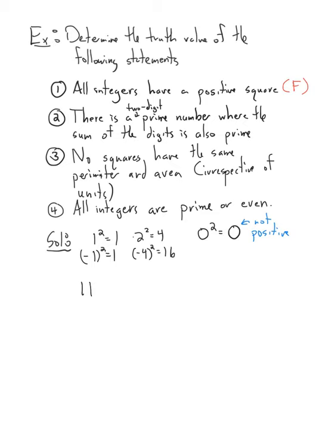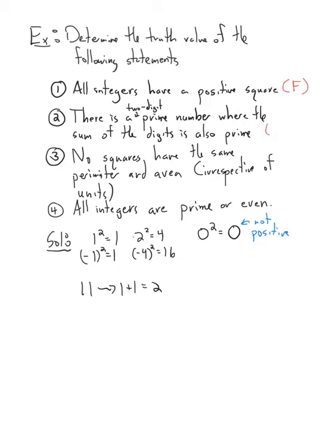The only factors of 11 are 1 and itself. And 1 plus 1 is 2. And 2 is, of course, a prime number. The factors of 2 are 2 and 1. That's it. There's exactly 2 factors. So this is indeed a true statement.